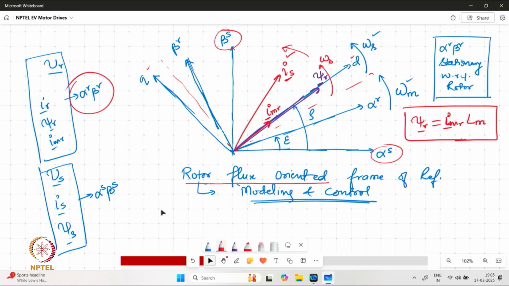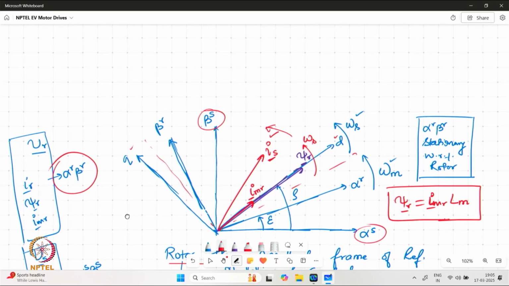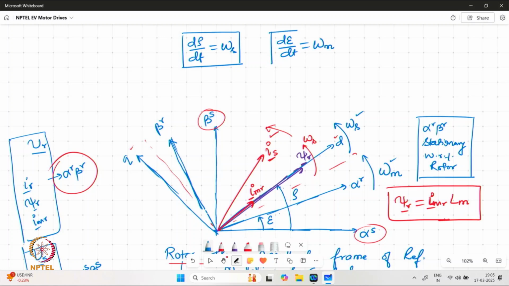So once we have understood the different frames of reference, we also can have a quick understanding of how these angles are associated with the rotational speed. So we have d rho by dt, which is given as omega s, the synchronous speed of rotation. We have d epsilon by dt associated with the mechanical speed of rotation.